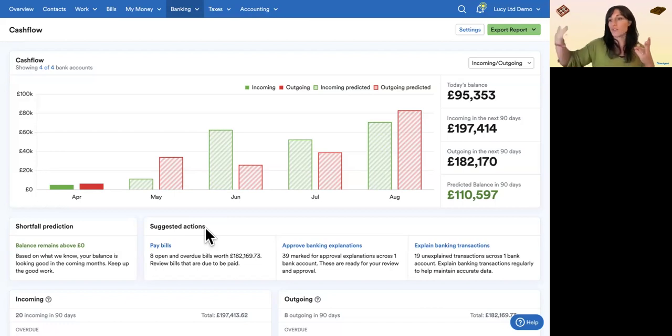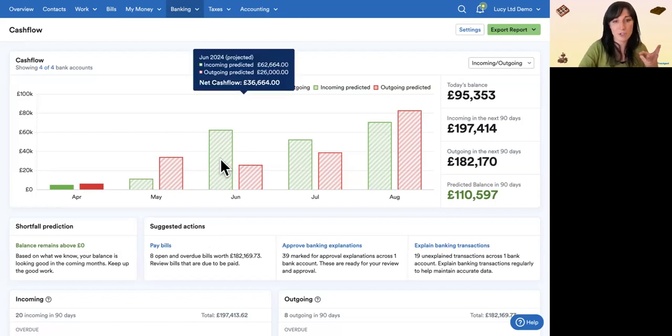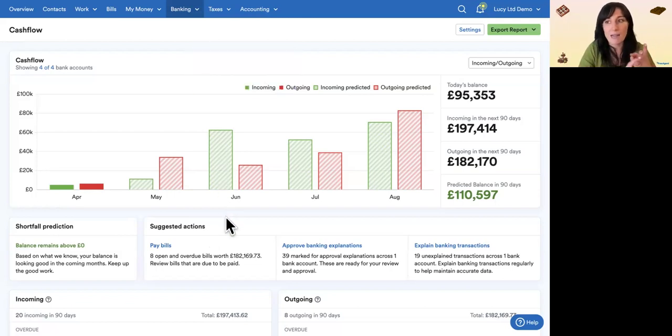So for example, if you've got an invoice due to come in for £5,000 next month, that's included in this prediction here for June. It also includes recurring invoices and bills that are expected to come up in the future, standing orders if you're with NatWest, if you run your payroll in FreeAgent, your PAYE and national insurance, your VAT, and corporation tax liabilities that are coming up.